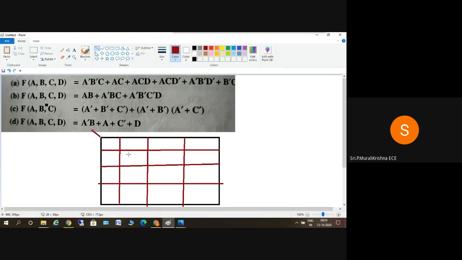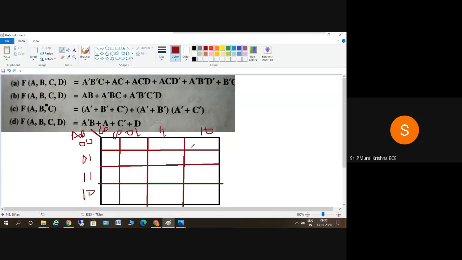So now what we have to check here is, this is AB, this is CD. We have to find the minimized equation and find the min terms here. So 0 0 0 1, 1 0 1 1, 0 1 1 1, 1 1 0, 1 1 1, and 1 0.